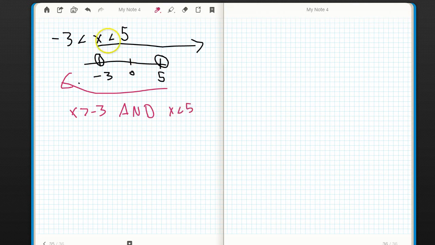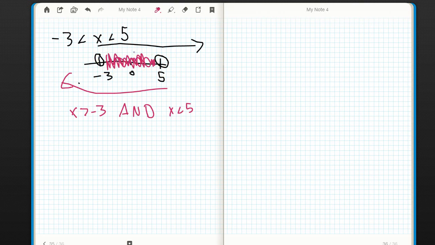So where do these lines meet or intersect? Where is x greater than -3 and less than 5? Well, the answer is going to be just in here. The only point where it's greater than -3 and less than 5 is between -3 and 5. So we're going to be just coloring in the in-between spots.